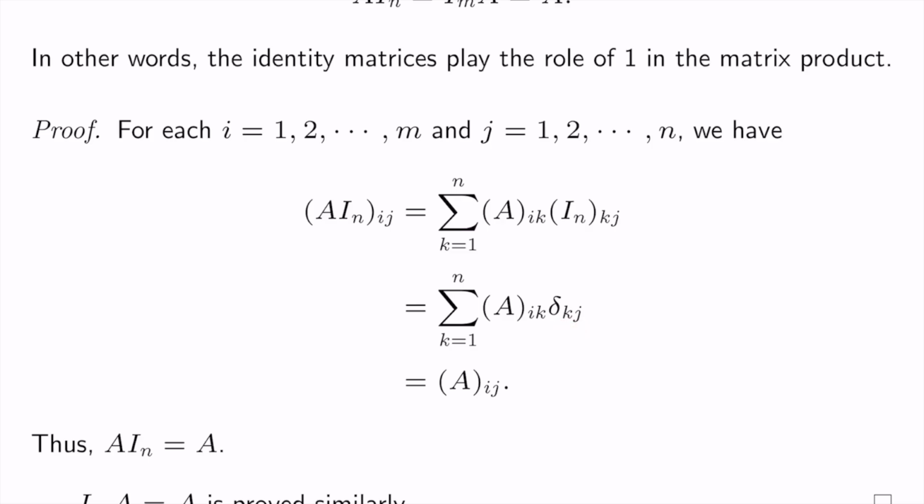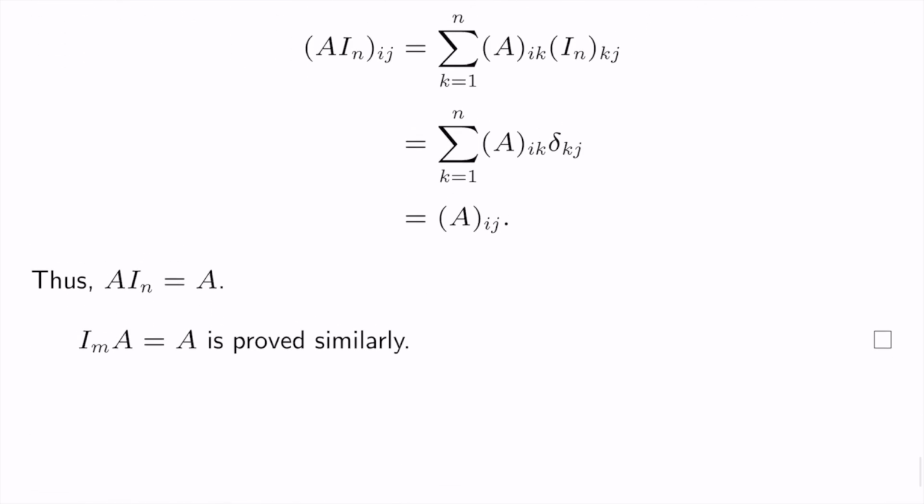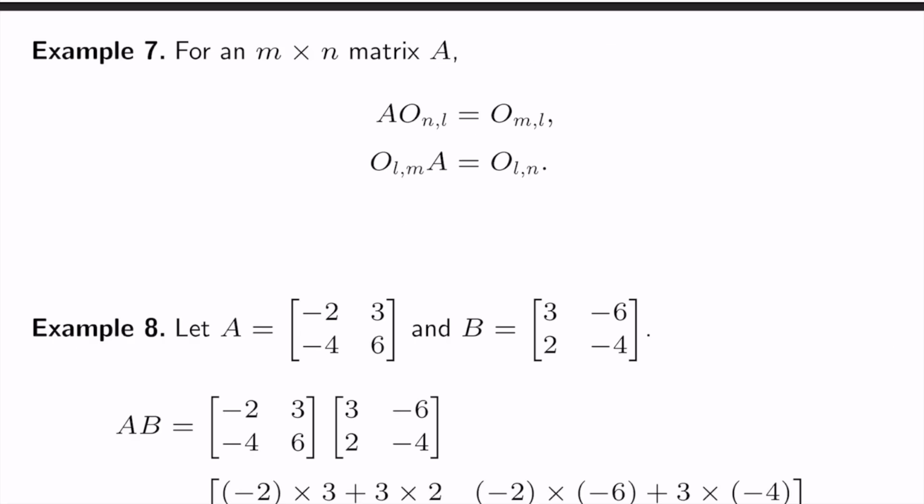Otherwise, it's 0. So we can ignore all the terms except when k is equal to j, in which case this is just 1, so what remains is Aij. Therefore, the ij element of this product is equal to the ij element of A. And same for the other case. And we are done.